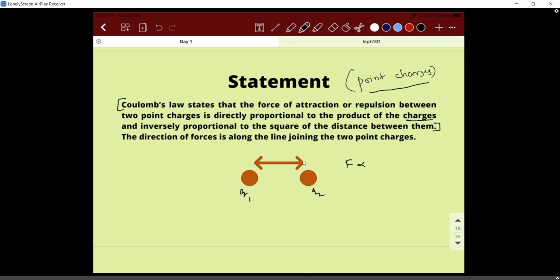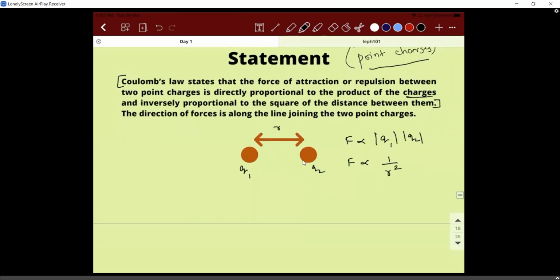F is directly proportional to the magnitude of Q1 into the magnitude of Q2. And if the distance of separation between them is R and F is inversely proportional to R square, then F is going to be the product of Q1 and Q2 divided by R square.